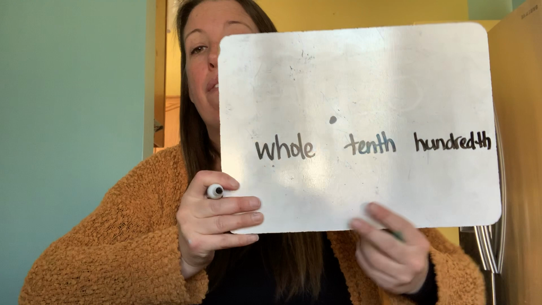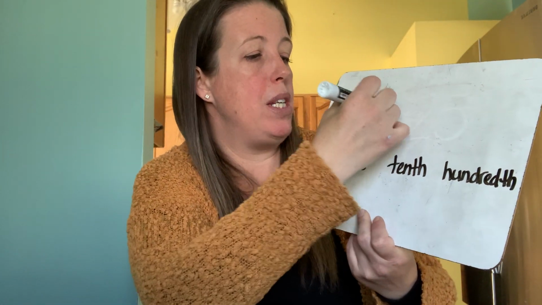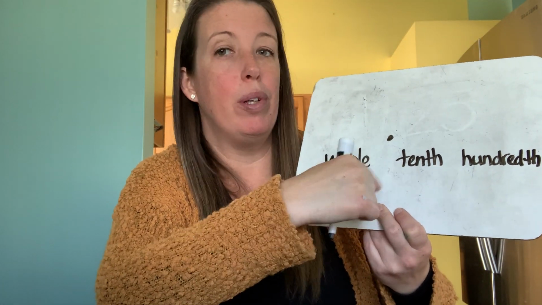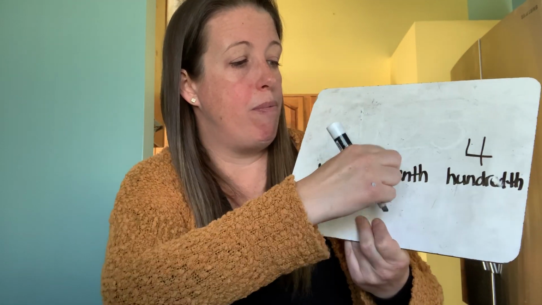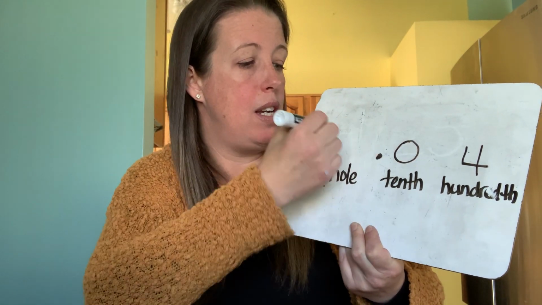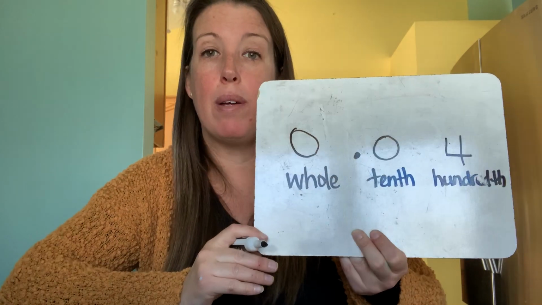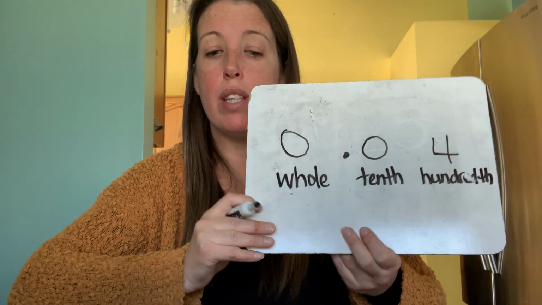Okay, so I have 4 hundredths. So my decimal point is always in between my whole and my tenth. That never moves. So I have 4 hundredths. I don't have any tenths, and I didn't have any wholes.